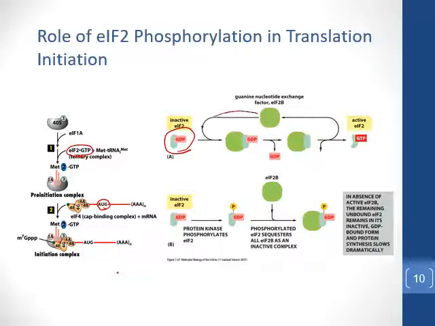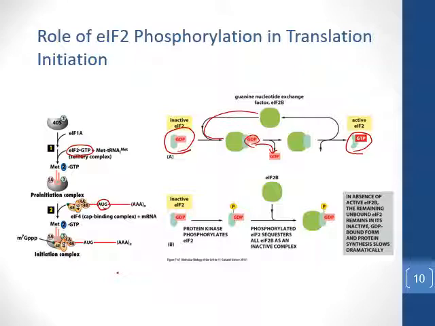So here it is. It's going to bind to EIF2. The GDP is going to be removed and replaced by GTP. Now you have your active EIF2. Now that's what happens under normal conditions.